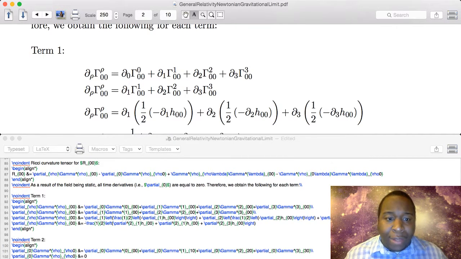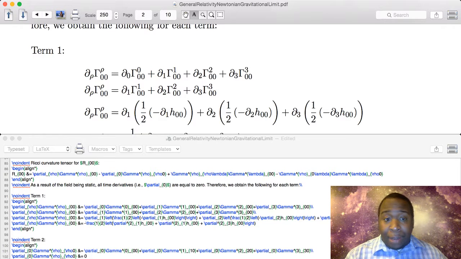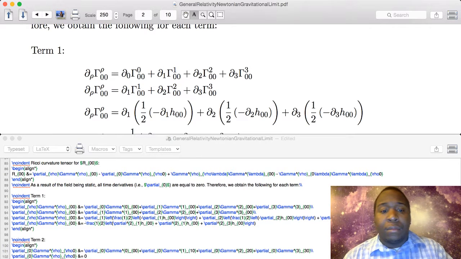But the issue with that term is that, remember what we stated earlier, all partial derivatives with respect to the 0th coordinate or the time coordinate are going to end up equaling 0 anyway, independent of whatever value you get for gamma. So that particular term goes away and we don't have to worry about it.